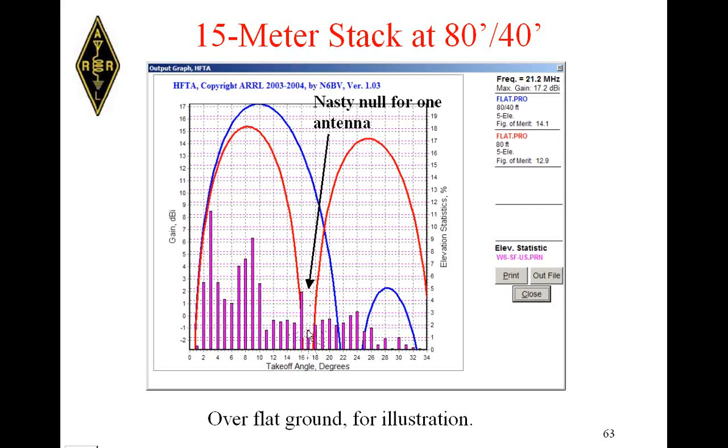Well, there's a large percentage of time when the band is open over the entire U.S., in this case from San Francisco to the rest of the U.S., and this has a nasty null, whereas the stack, in this case 80 and 40 feet, will help fill in this null, and in fact is about 11 dB stronger at that null point because of the effectiveness of the stack in filling out that null.